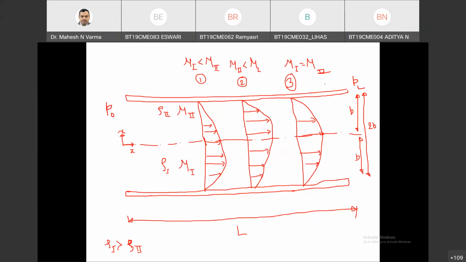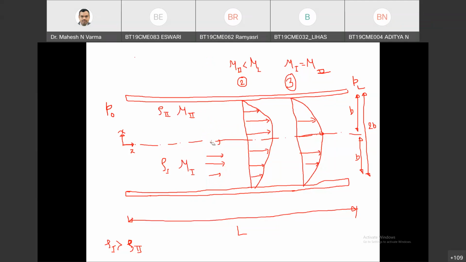If mu1 equals mu2, both offer the same resistance to flow, then you will get the maximum velocity at the interface. The problem is symmetric, so this is the expected velocity profile. It is good that you refer to the next slide or books, but you should also understand why it is so. All three cases are possible.